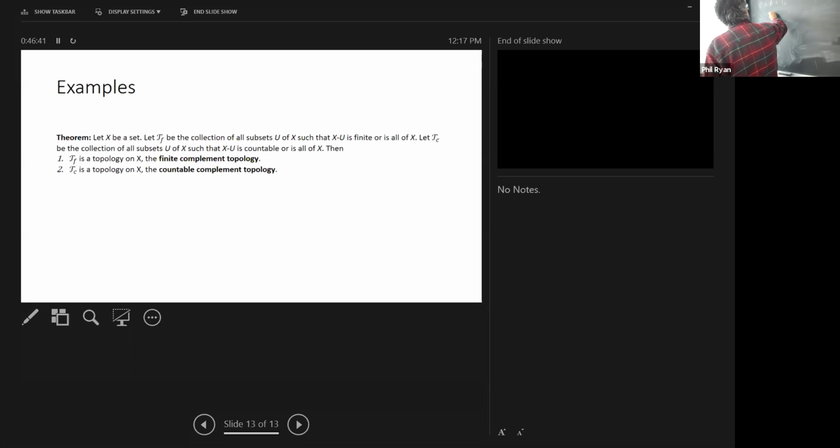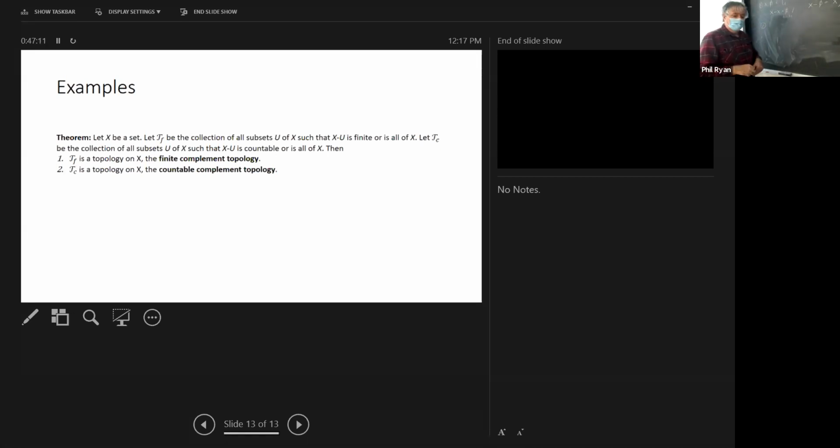Okay, well, X minus X is what? It's the empty set, and that's finite. So that's true, that's in there. X minus the empty set is X, and that's in there too. So requirement 1 is done.